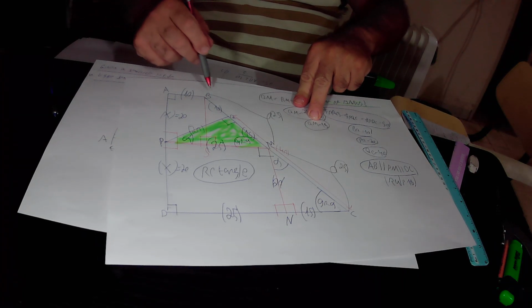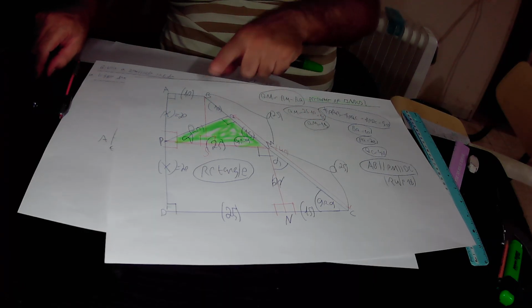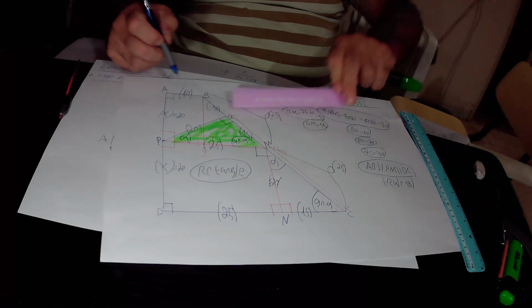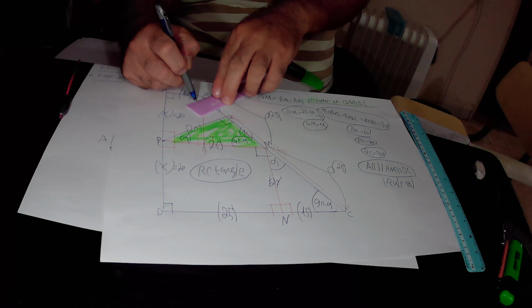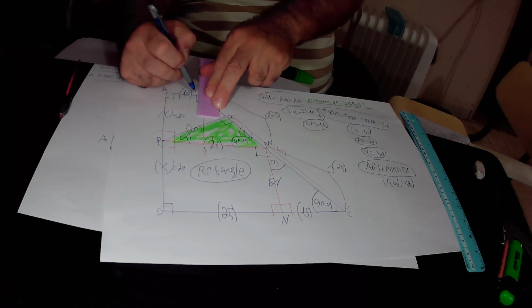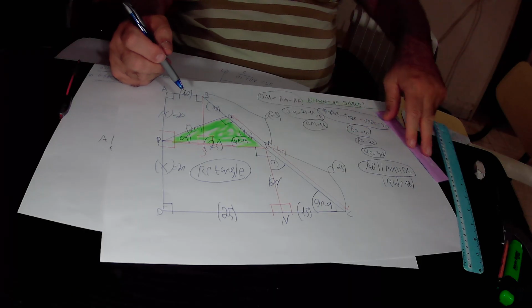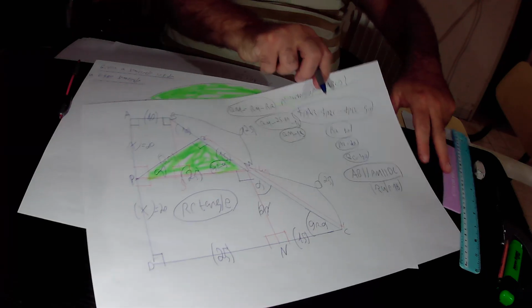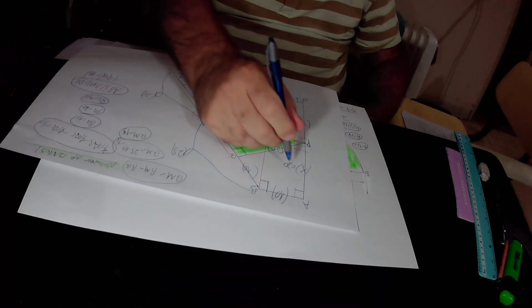In quadrilateral ABSP, we have three right angles, and therefore this fourth angle must be equal to 90 degrees, according to the rule that the sum of the angles in any quadrilateral is equal to 360 degrees. So quadrilateral ABSP has four right angles, and therefore it is a rectangle. The small quadrilateral ABPS is a rectangle.